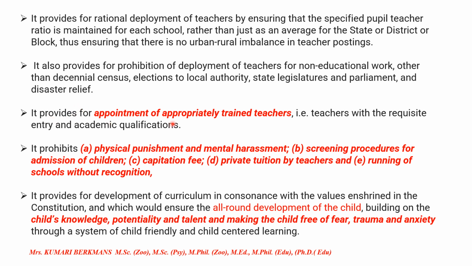It provides for appointment of appropriately trained teachers, that is, teachers with the requisite entry and academic qualification. And it prohibits physical punishment and mental harassment, screening procedures for admission of children, capitation fee, private tuitions by teachers, and running of schools without recognition.